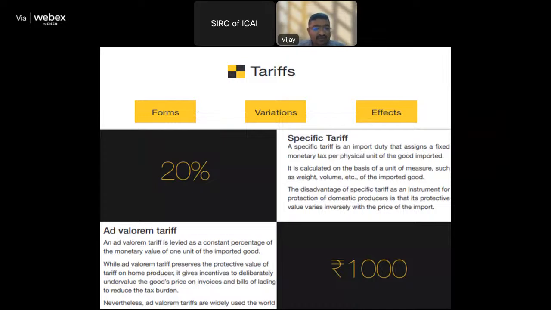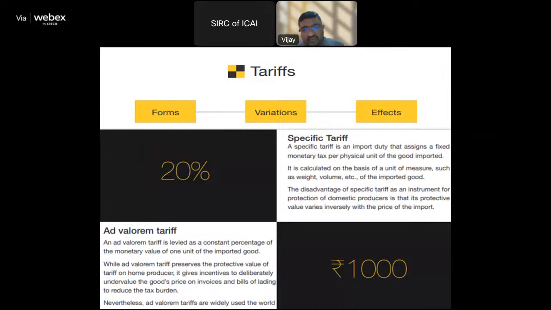When it is on the value of goods and services, we call it ad valorem duty. Sir, when it is on the quantity or on the size, weight, it is not a percentage, it is some fixed amount, then we call it specific tariff.